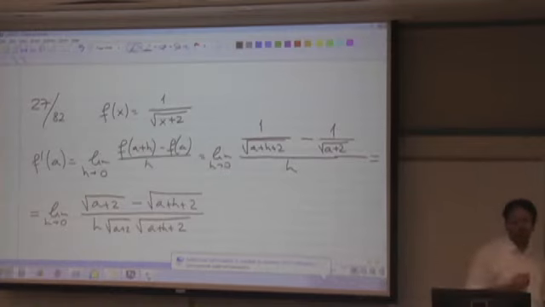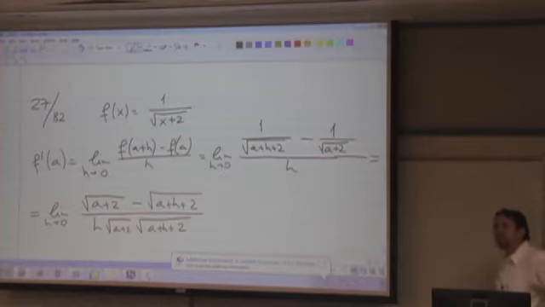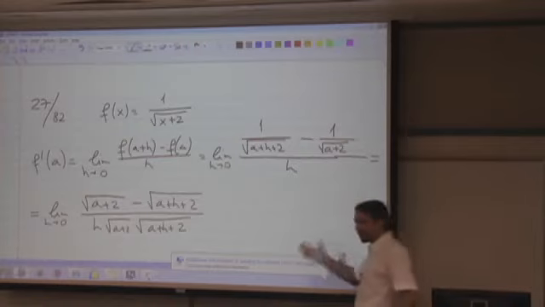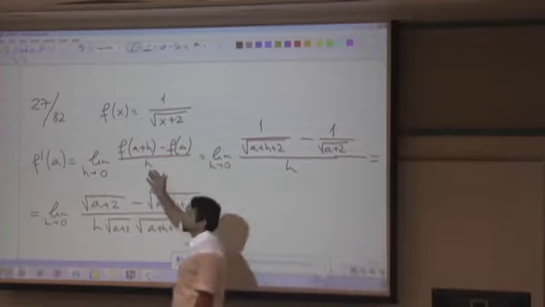Okay, so what next? I'll just say this. If you put in 0 for h, what do you think you're going to end up with? You don't have to actually compute everything. 0 over 0? Why do you get 0 over 0? Well, think about what difference quotients are.